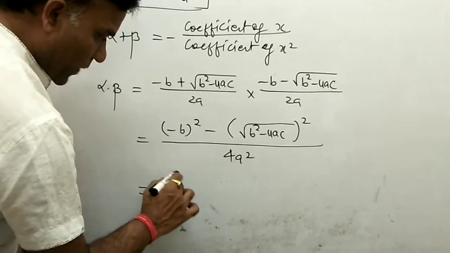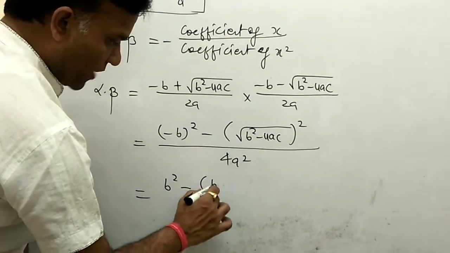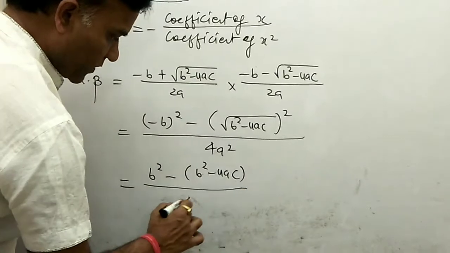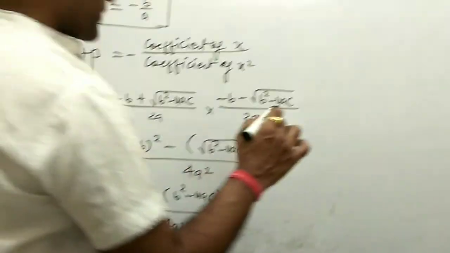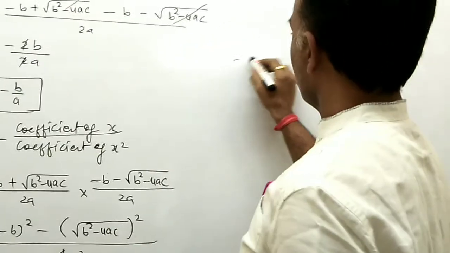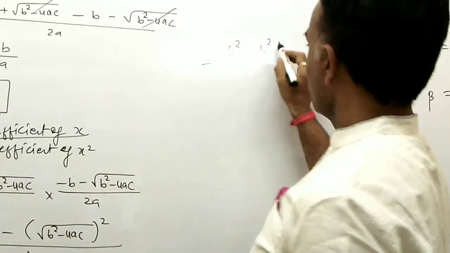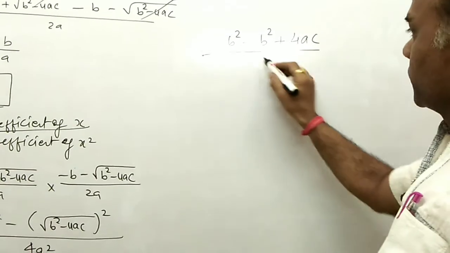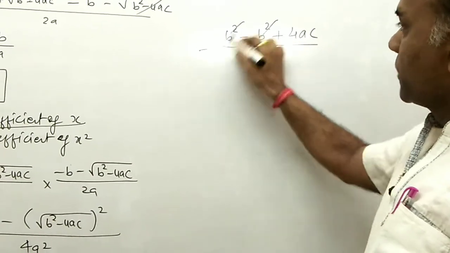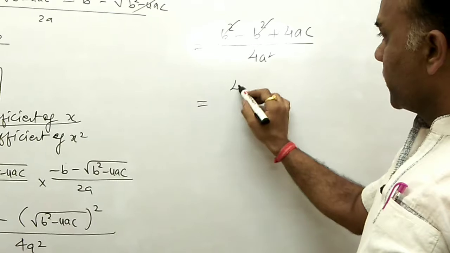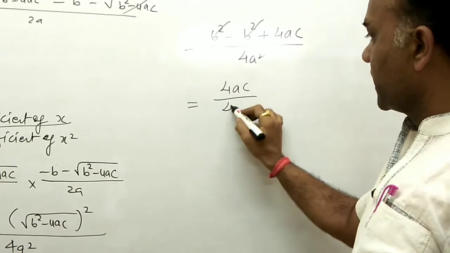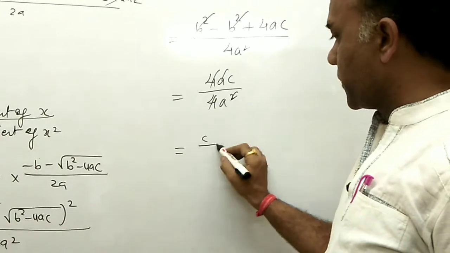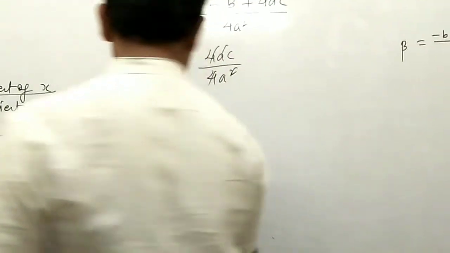So it is b square minus (b square minus 4ac), all upon 4a square. After removing the bracket, you have b square minus b square plus 4ac upon 4a square. Okay, so b square cancels out, so 4ac upon 4a square, 4 cancels out, a cancels out, so you have c upon a, that is the product of roots.